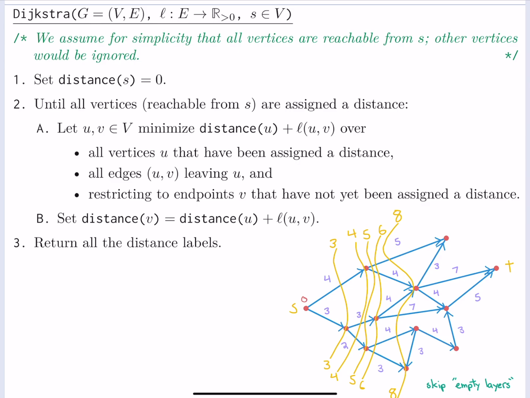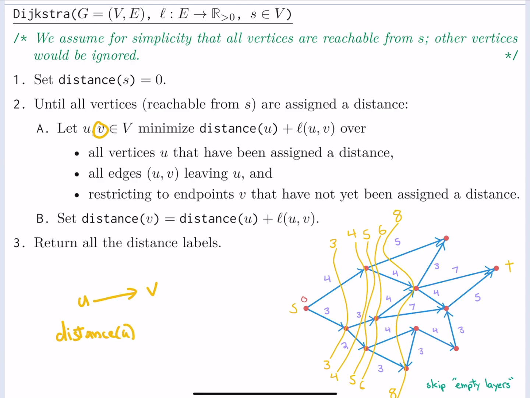So at some level, I'm looking at all the vertices. I'm looking for vertices V, where V has some edge coming into it from some vertex U, where U already has some label. So I've already computed distance U. So it's in a previous layer, so to speak, right?